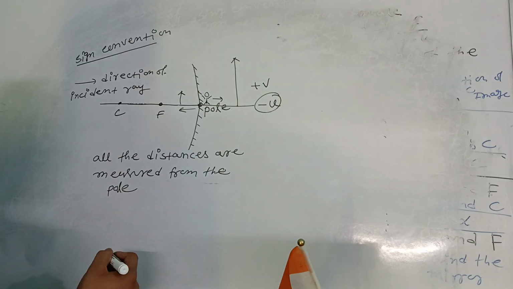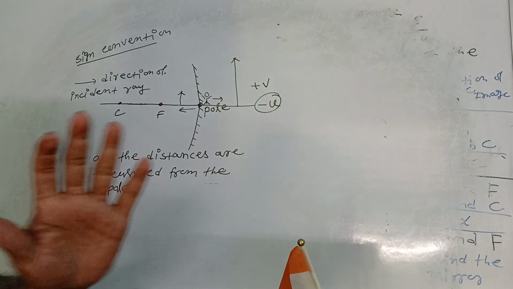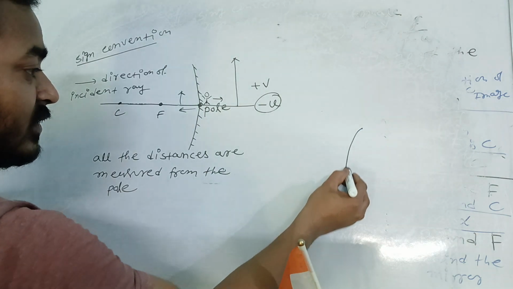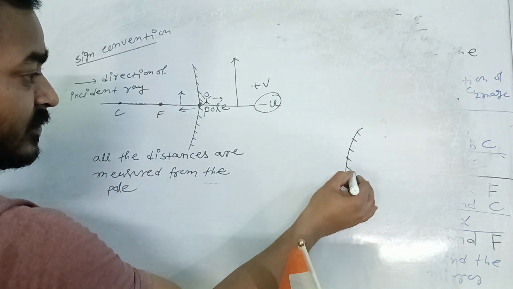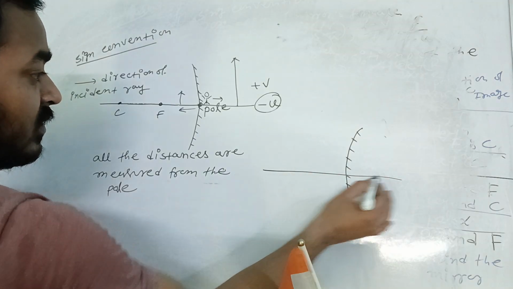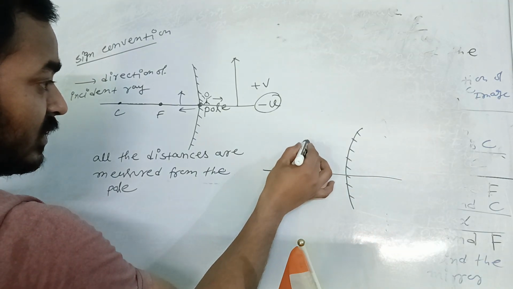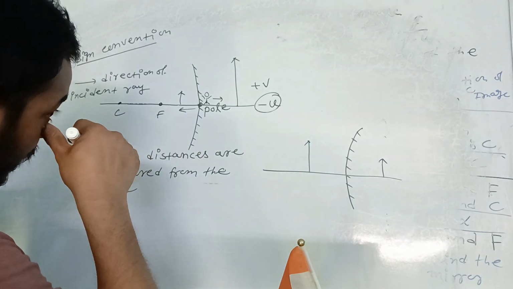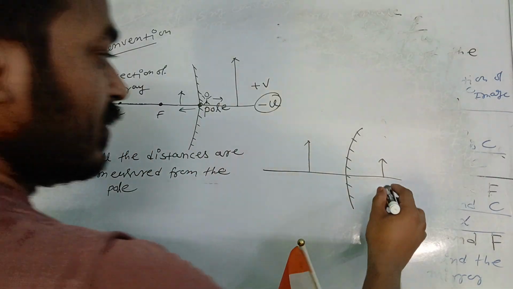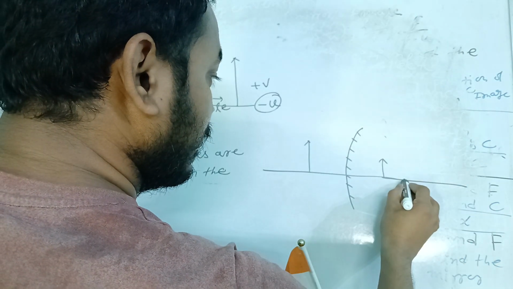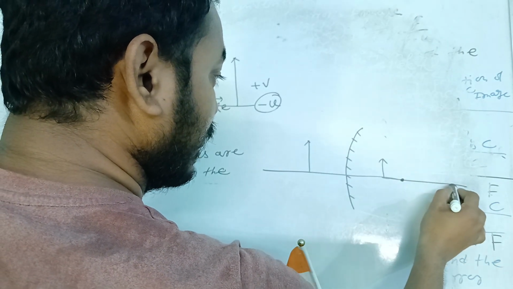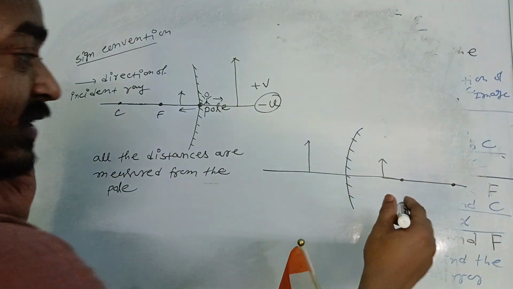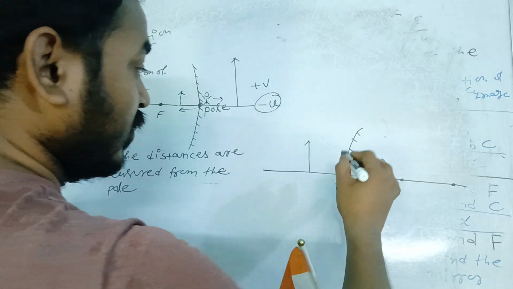For convex, if I place an object over here, then in all cases the image is small and virtual. In a convex mirror, the focus and the center of curvature are both on this side. So for convex, all distances are measured from the pole.